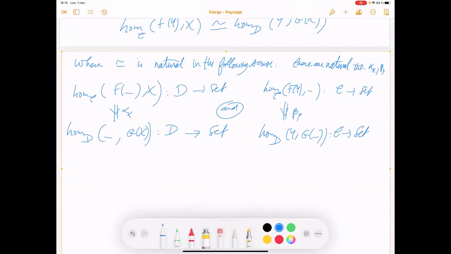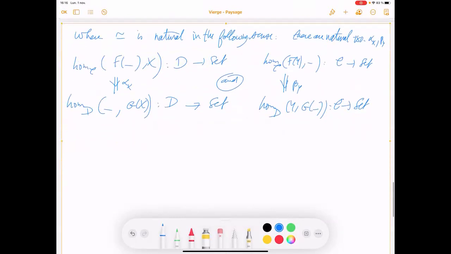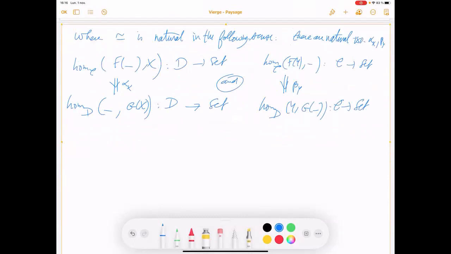Beta y. So you see, this natural isomorphism moves F here on the left to G on the right.